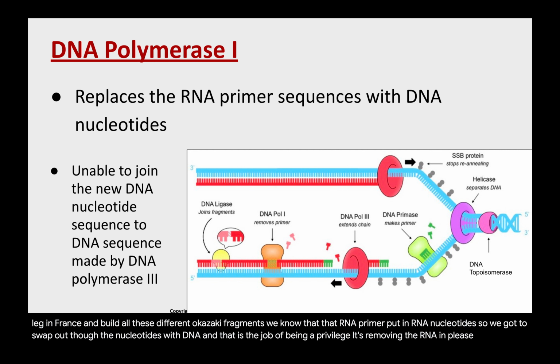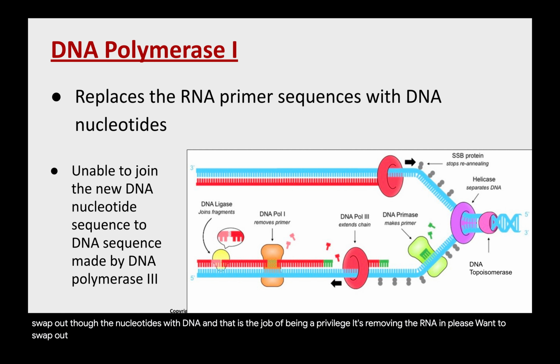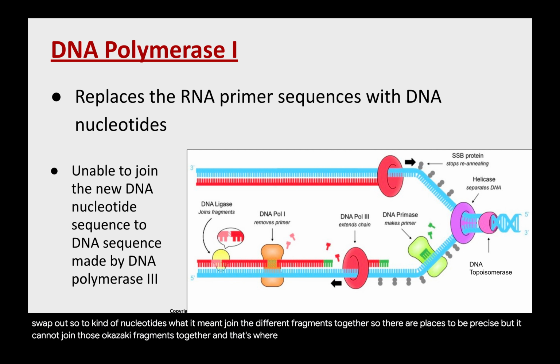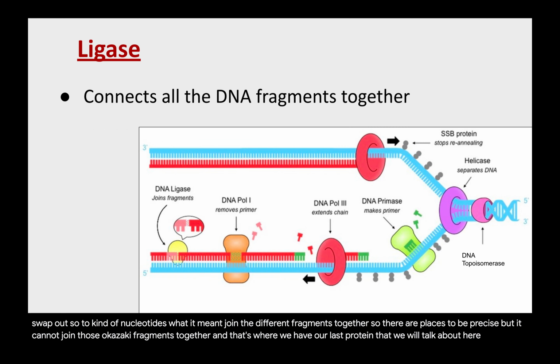Now, DNA polymerase 1 can swap out those two different kinds of nucleotides, but it can't join the different fragments together. Right? So it replaces the nucleotides, but it can't join those Okazaki fragments together. And that's where we have our last protein that we will talk about here, called ligase.